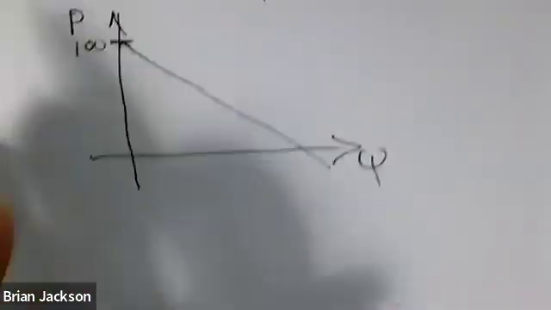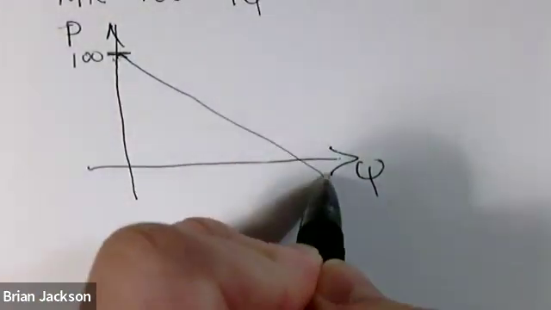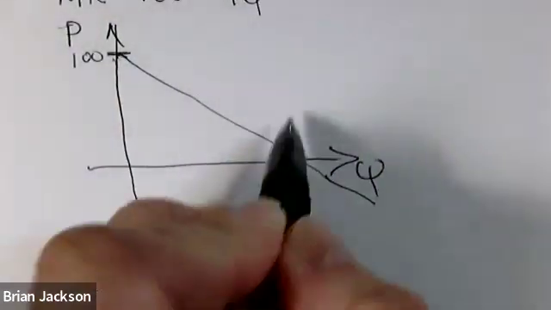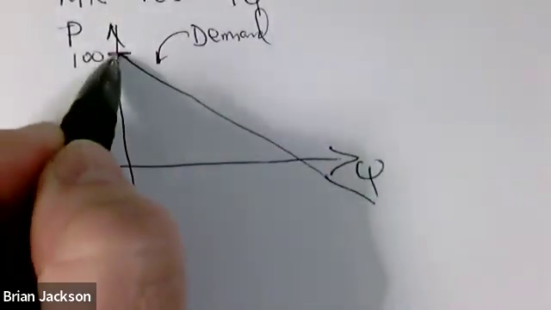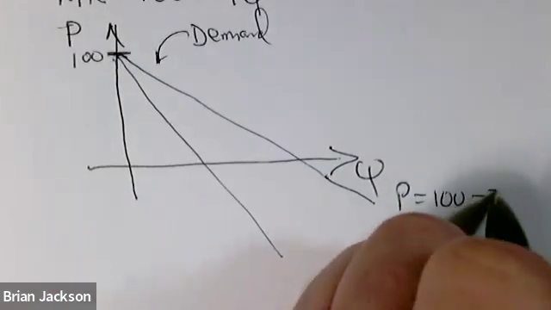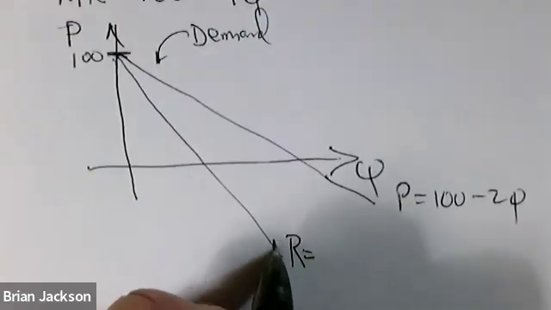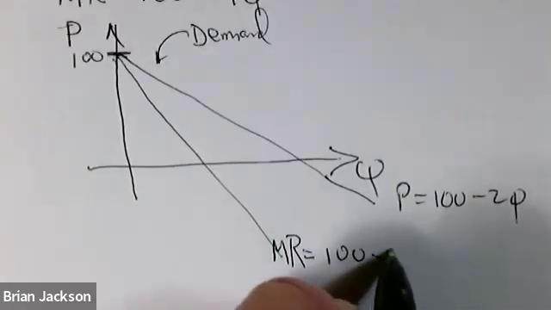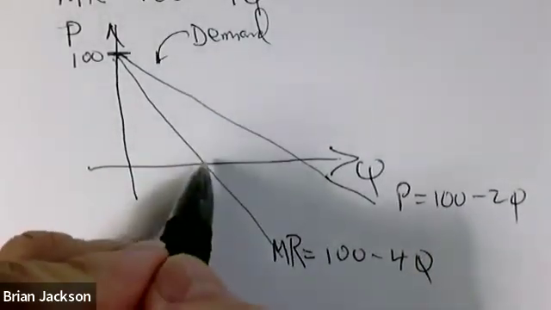Then from the other videos that we've looked at, remember that if this is the demand function here, then the marginal revenue curve is twice as steep, right? So if this is P equals 100 minus 2Q, then marginal revenue equals 100 minus 4Q. So you just double the slope, okay?